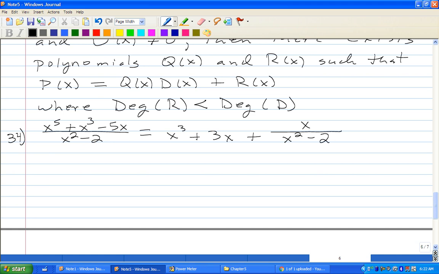Okay, in exercises 31 through 34, identify the divisor. So I want to identify the divisor.